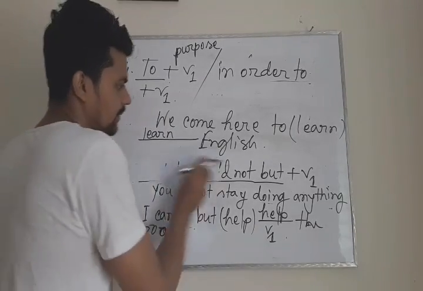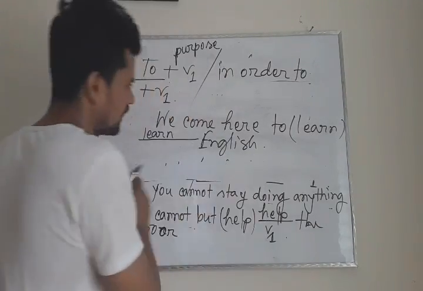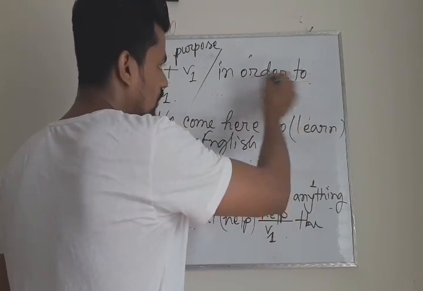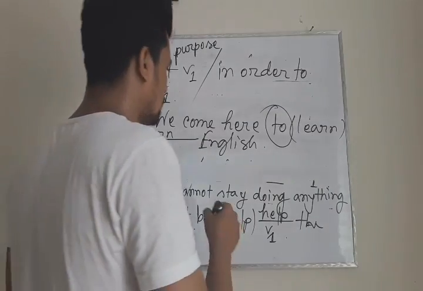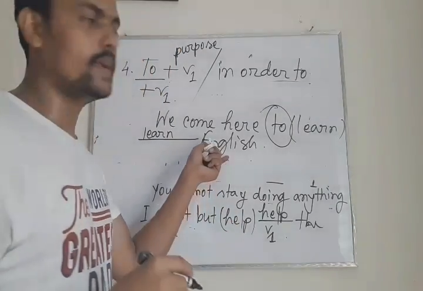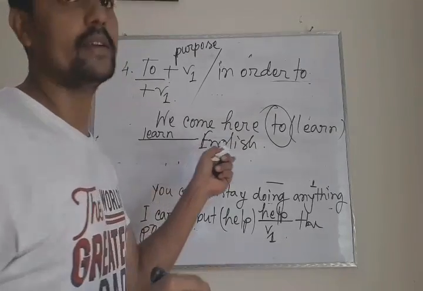If you write in order to instead of to, the sentence will also be correct.